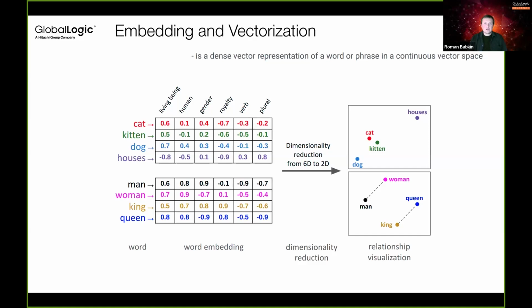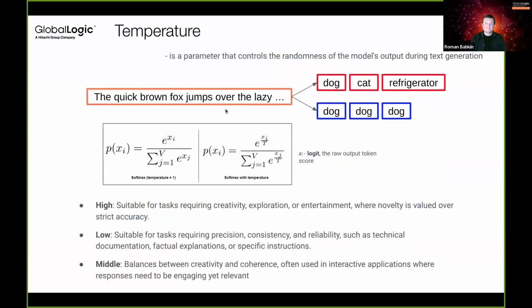Does temperature vary from 0 to 1? The smaller it is, the bigger the power. It varies from 0 to possibly infinity. However, usually people use it from 0 to 1, because 1 is the pure softmax without temperature.